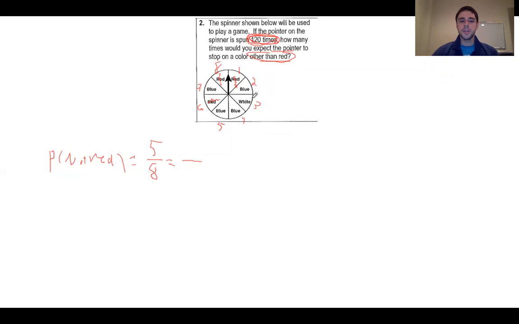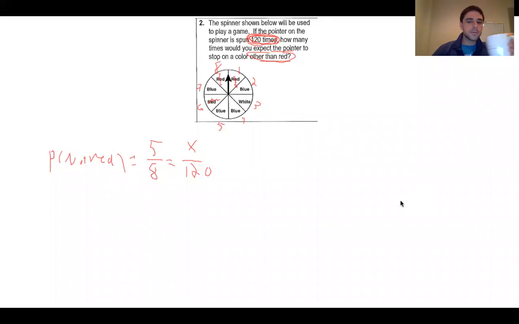Love the participation this morning. Excellent. It's going to be x over 120. This is going to tell us how many times it was not red, over 120 total spins.